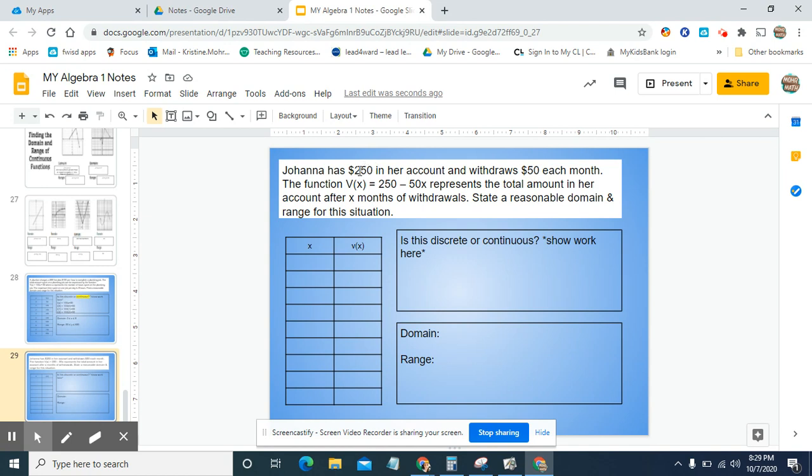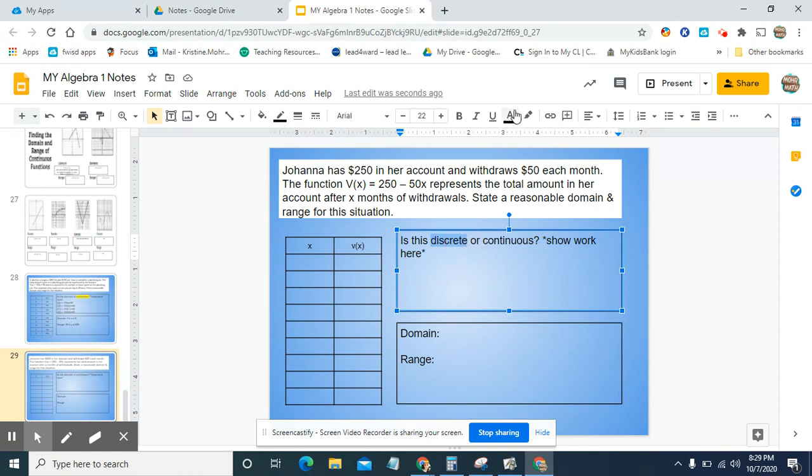So here she has her starting amount, $250, and she is taking out a set amount, $50, and that is on a determined day each month. So she's doing only $50 once a month. So it's not saying she's taking out a random amount of money any time of the day she pleases. It is just this one amount once a month. So since it is just a set value, it's only done one time for 1 month, it is discrete.